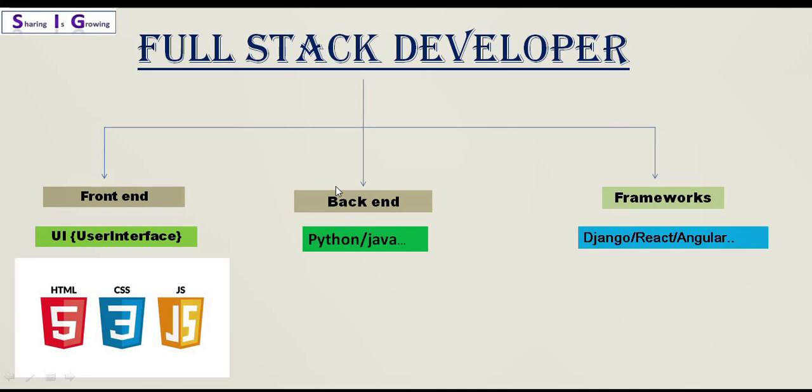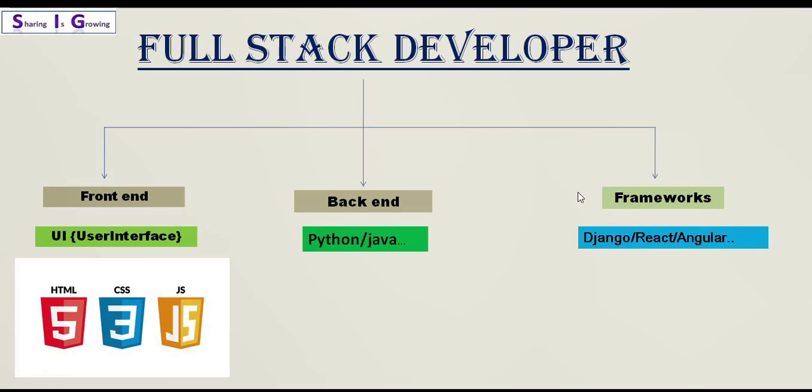The front-end developer handles everything about the user interface, and the back-end developer handles what is displayed behind the scenes. If you want additional frameworks, you can add Django, React or Angular. We also need to learn everything about databases, MySQL, SQL, as a full stack developer.